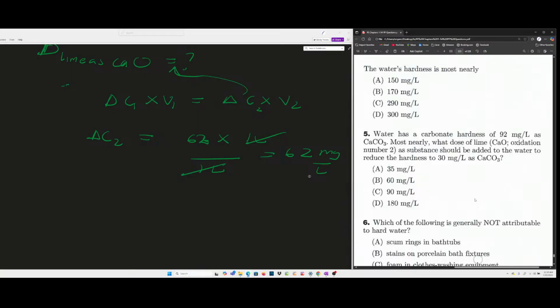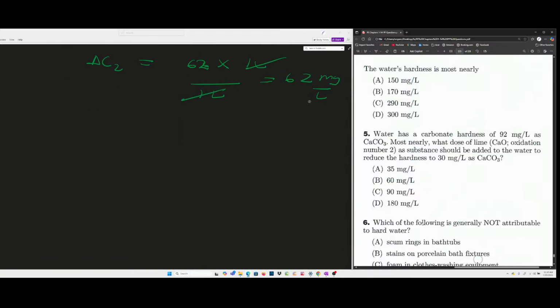When we have any question where we have the concentration as a particular compound and they ask what's the concentration of a substance, the trick is to use the equivalent weight. For us to solve it, we have to know the equivalent weight of CaO.